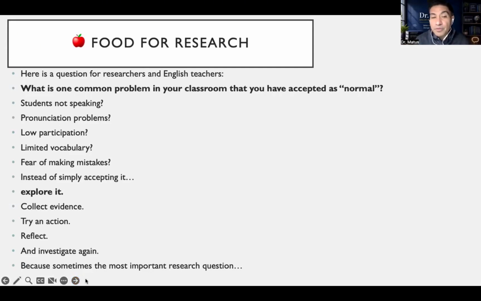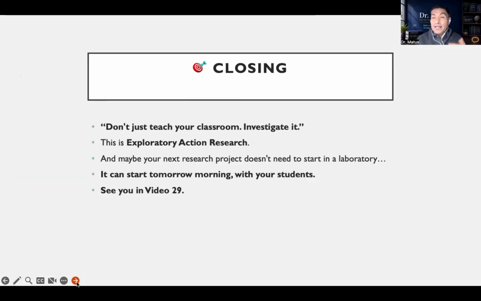Because sometimes the most important research question has to do with exploring your own practice and planning a good intervention that can improve students' results. So don't just teach your classroom, investigate it. This is exploratory action research. And maybe your next research project doesn't need to start in a lab. You can start tomorrow morning with your students.